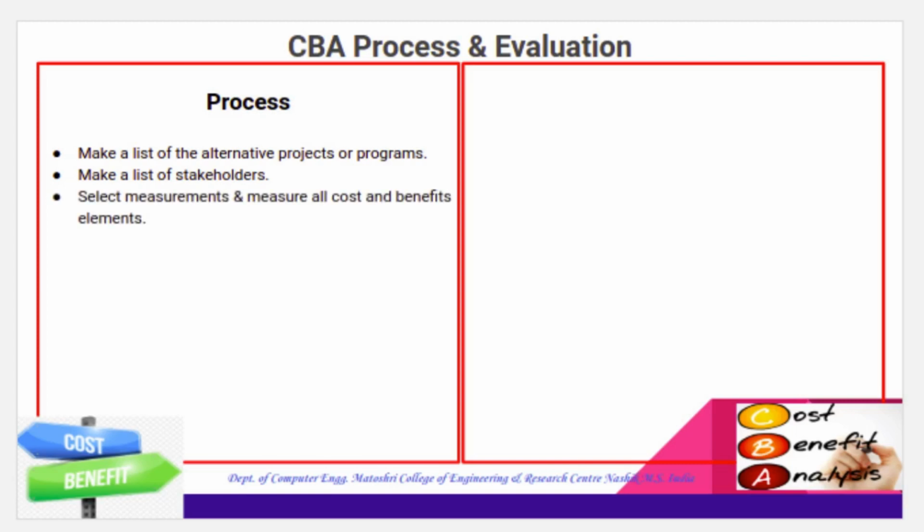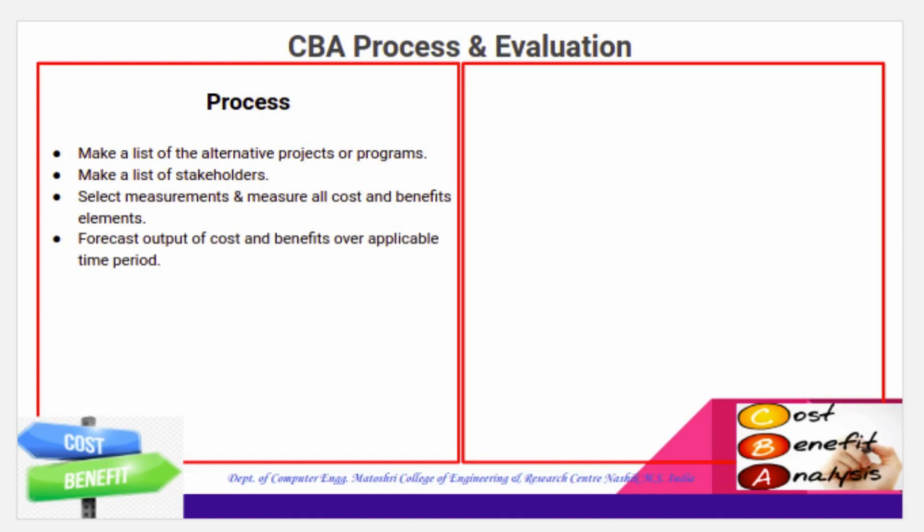Then third is select measurement and measure all the cost and benefit elements, that is popularly known as the intangible cost of a decision, such as the impact on customer, employee or delivery times.